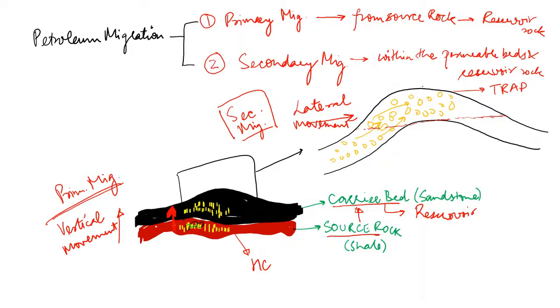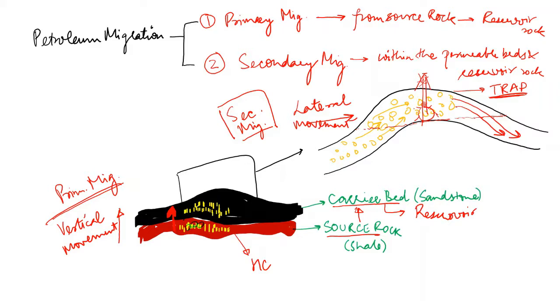Now, let us say that this trap over here is not very effective, it is not able to seal, and then this oil may again migrate laterally in this direction. A company drilling in this location, say this is the well, might find that the oil has migrated to some other location due to secondary migration, so they will not get any useful or economic reserves of petroleum.